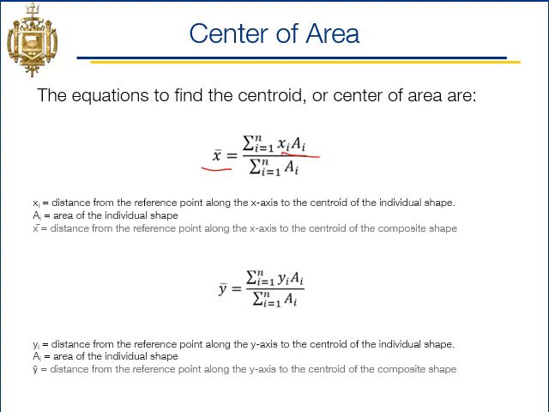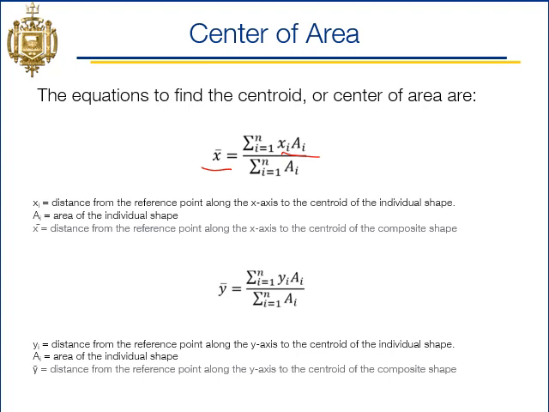So really it's the distance from the y-axis, but it's distance along the x-axis to the centroid of each individual shape. In that previous example, we had two rectangles, so we'd have x1 and x2. Then we're going to multiply that times the area of those individual shapes.